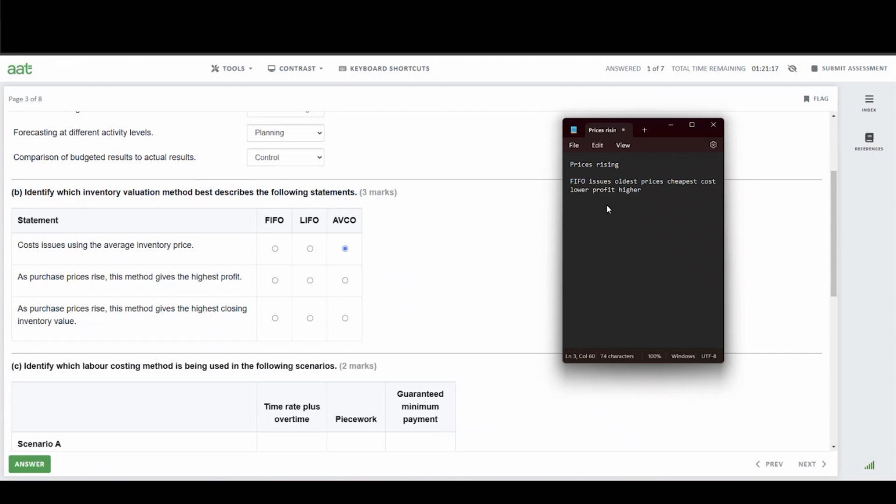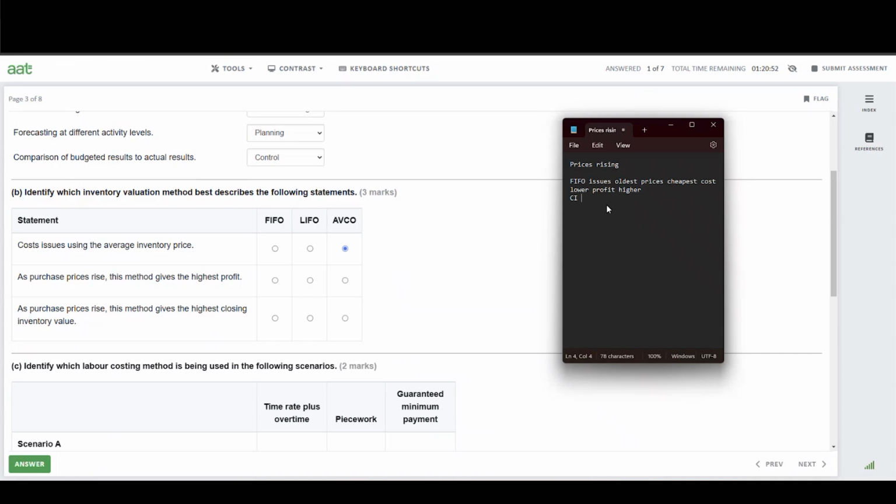Okay, so yeah, if we're using the first in, first out method, that issues the oldest items first, doesn't it? If prices are rising, those oldest items will be the cheapest items. So that means our issue cost will be lower, which means our profit will be higher. So that means in closing inventory terms, the most recent items are what's still in inventory.